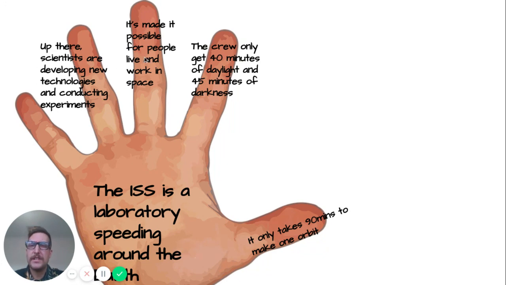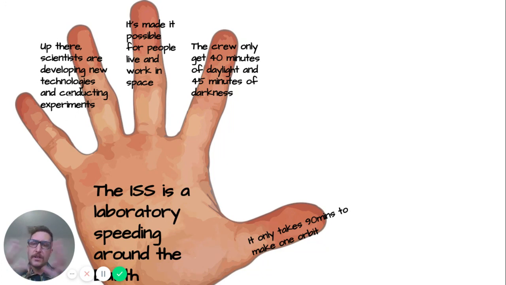So what I'm going to do is get rid of this one here, because I reckon if I just talk about how scientists are developing new technologies and conducting experiments, it's the same as saying it's made it possible for people to live and work in space. So I can get rid of that one in my summary because I'm already mentioning that detail in this one over here.